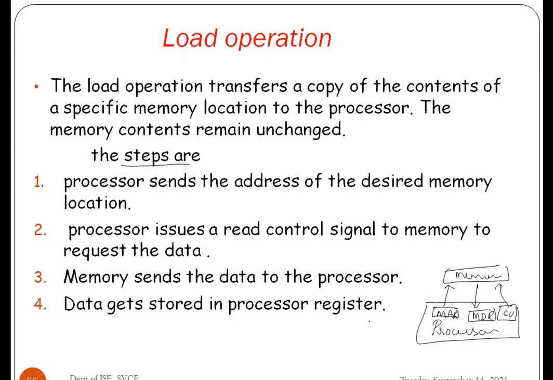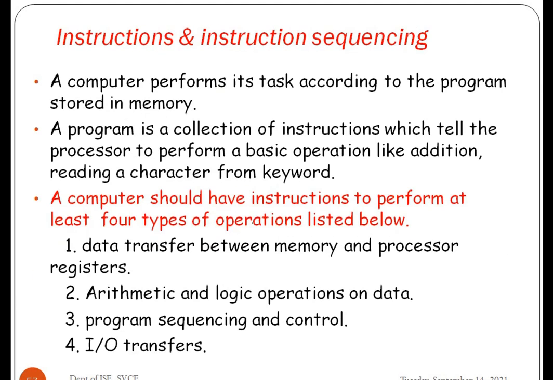Similarly for load, for example, load sum, r1. Load means you are going to read; this is the memory location, and from memory you read the data and store it into a processor register. This is how the memory operation takes place in assembly language.